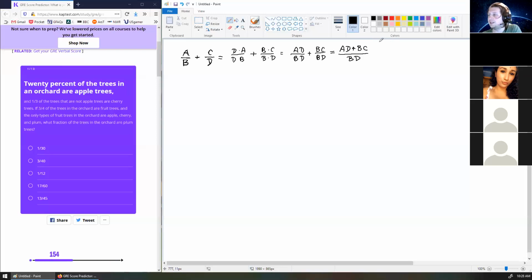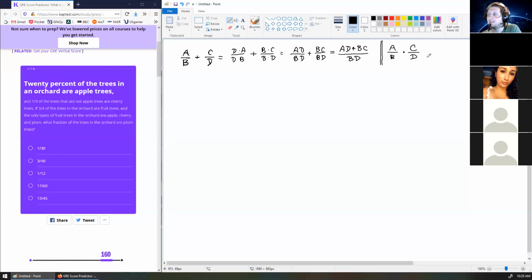Multiplication is a little different. If you have A over B times C over D, if you want to multiply two fractions together, how does that work?